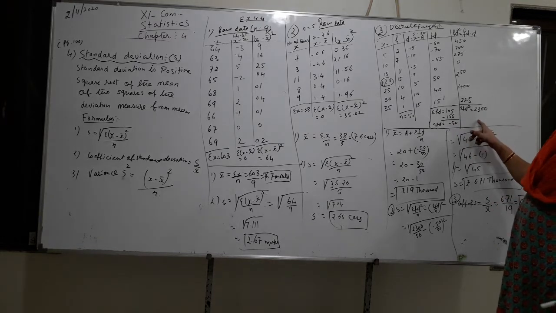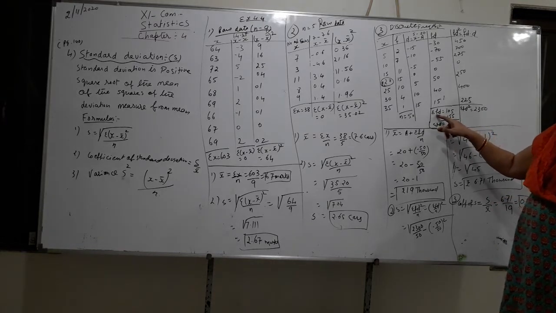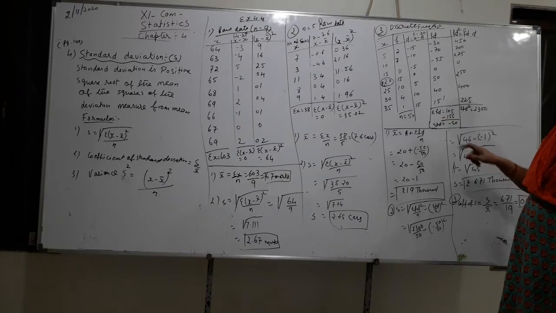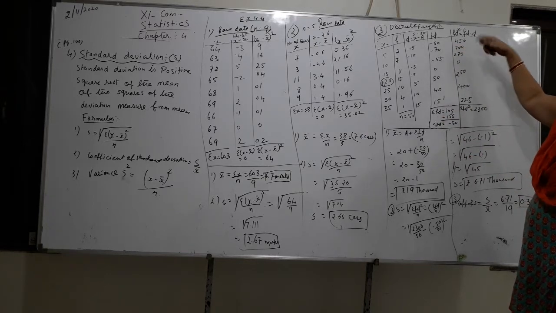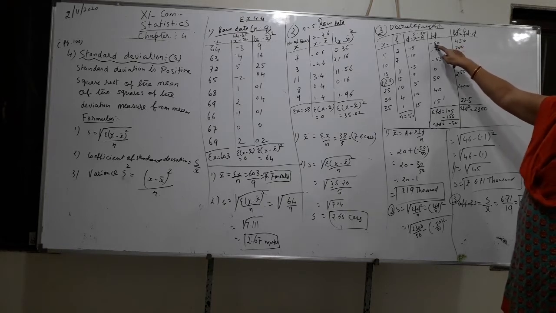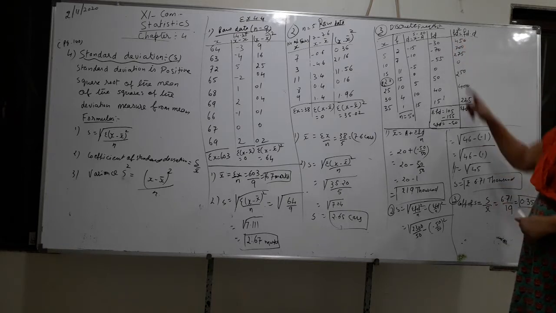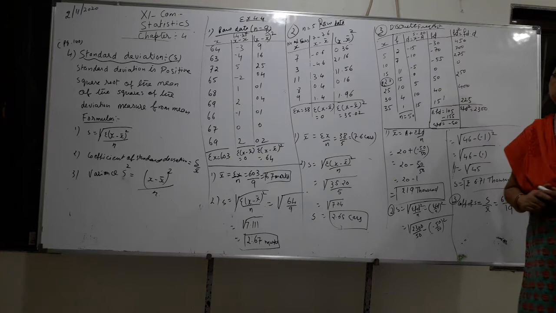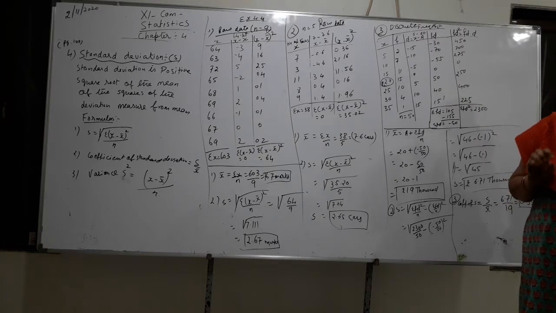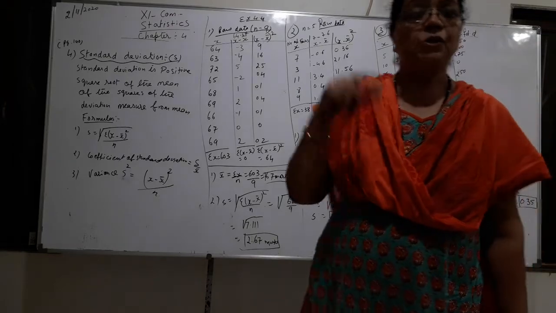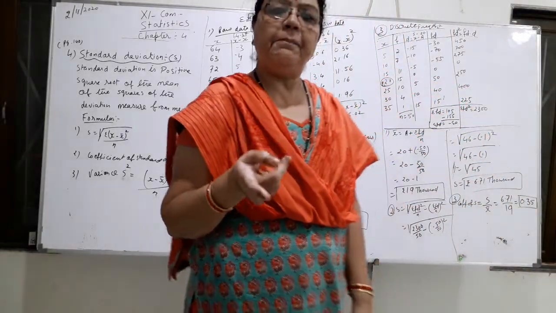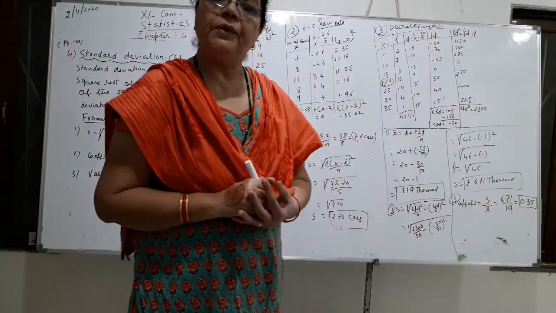Both are different. You cannot square sigma fd directly. Why? Because sigma fd has minus numbers, and when you square, the minus numbers will become plus. So you have to do it individually. So sigma fd and sigma fd square, that is fd multiplied by d. You have to do the total.